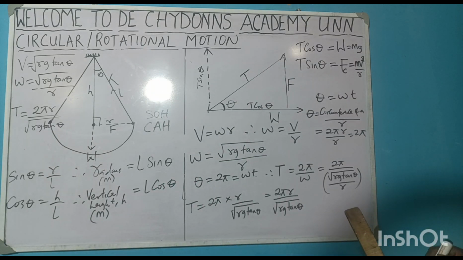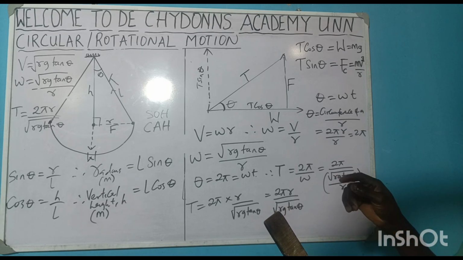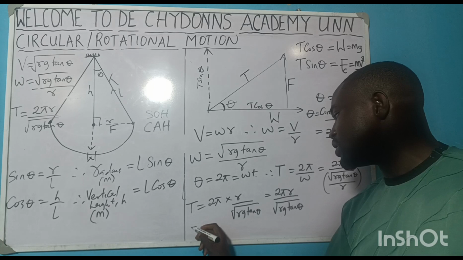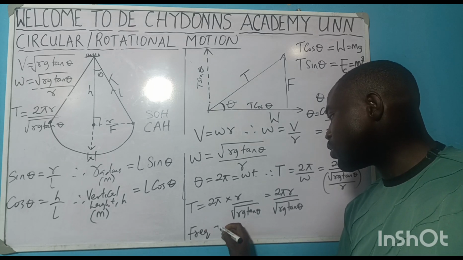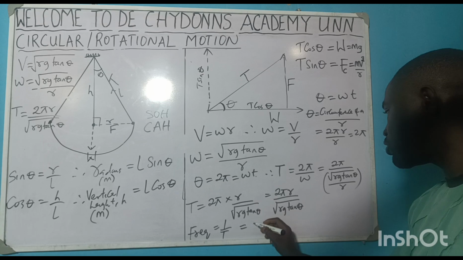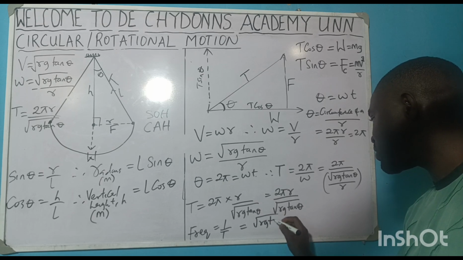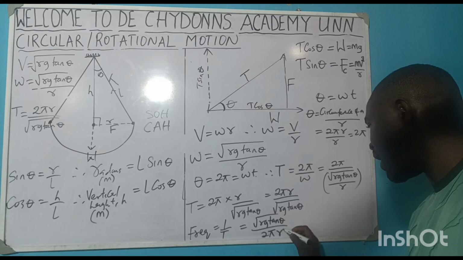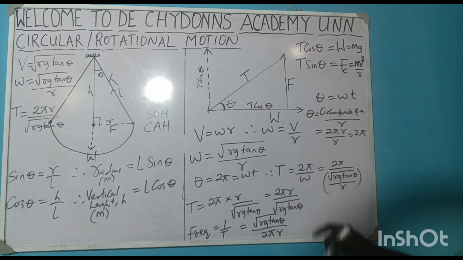Yes. Then, since we have gotten the formula for period to be 2 pi r all over square root of rg tan theta, what about the frequency of it? Frequency is equal to 1 over period, which is the square root of rg tan theta all over 2 pi r. That is the inverse of this.